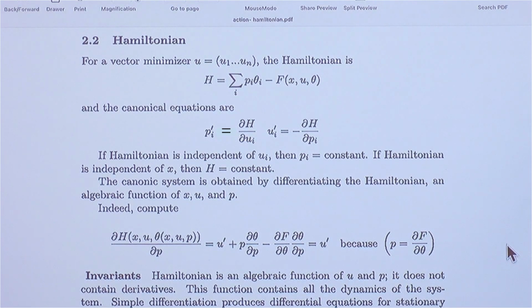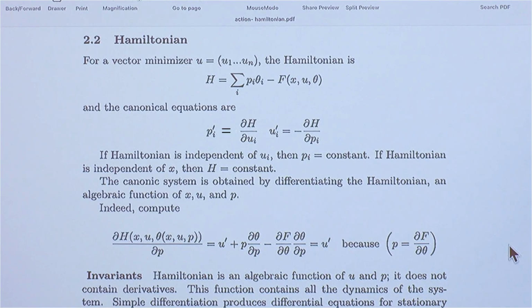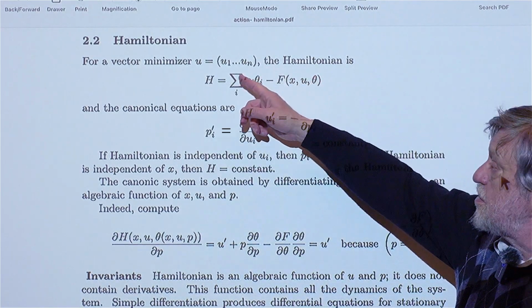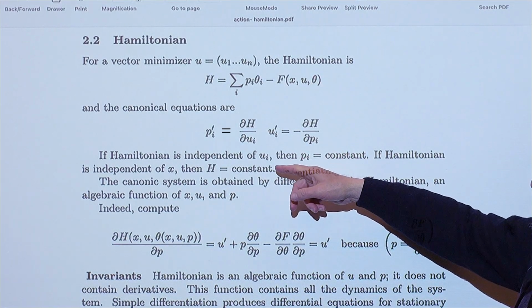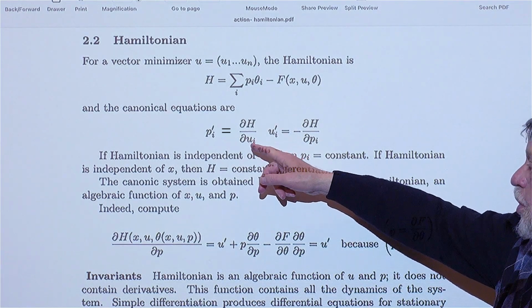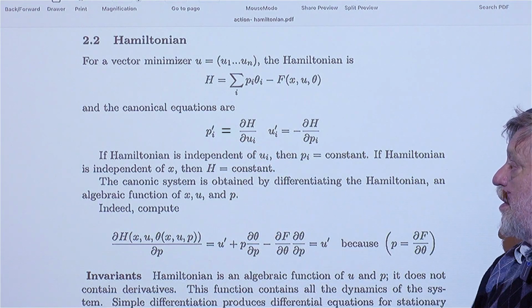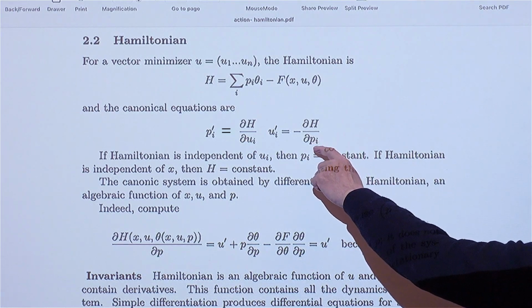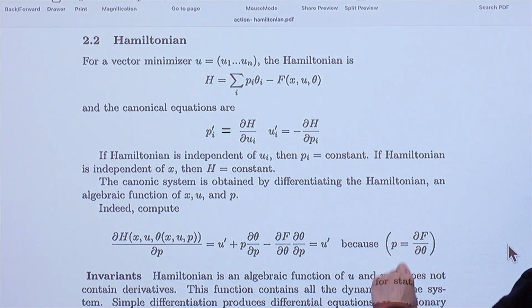And then one could check the remarkable features of the Hamiltonian: if you differentiate this expression, computing the partial derivative with respect to u_i, we get p_i. And if we differentiate this with respect to p_i, you get minus u prime, p prime.